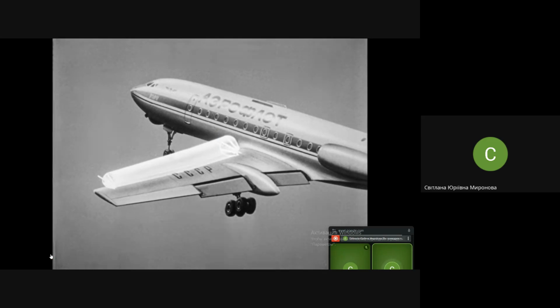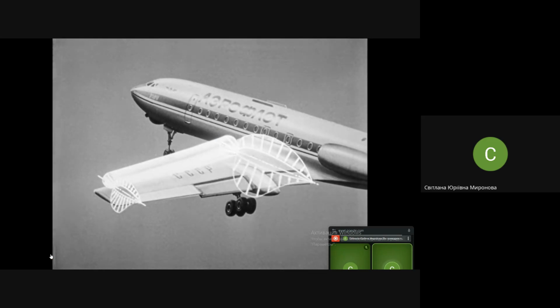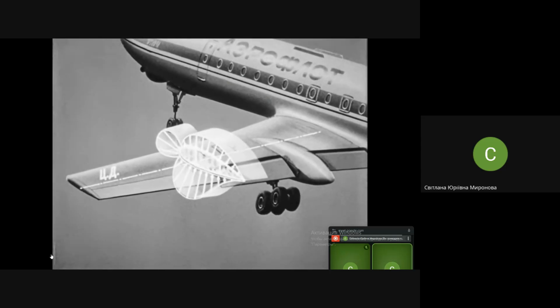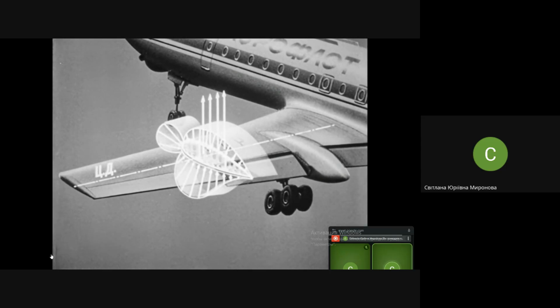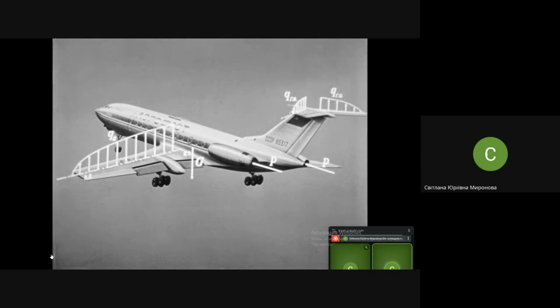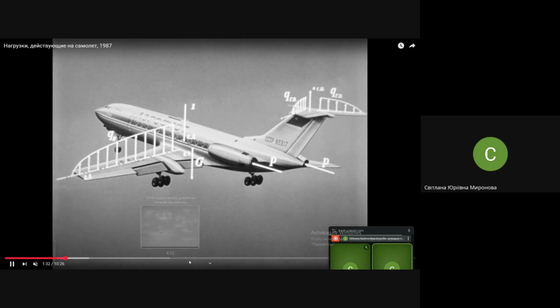Look, we see loading of the wing, normal loading of the wing in flight. You understand these diagrams already. It's about the distribution of pressure over the airfoil, and it shows the center of pressure line, calculated for each particular cross section.